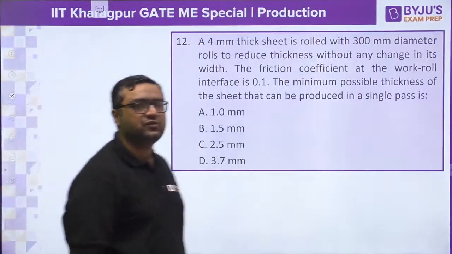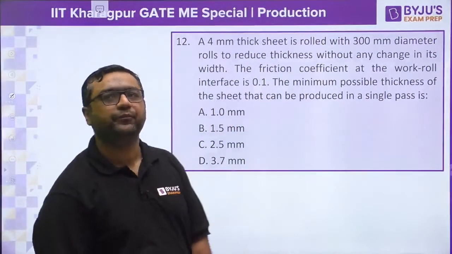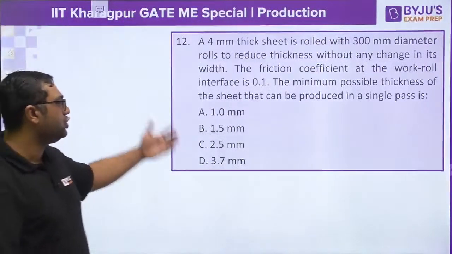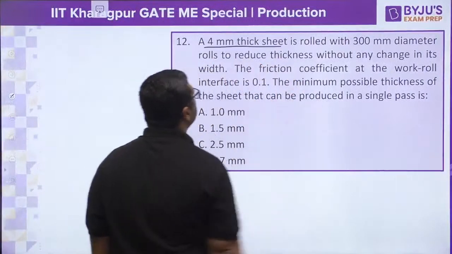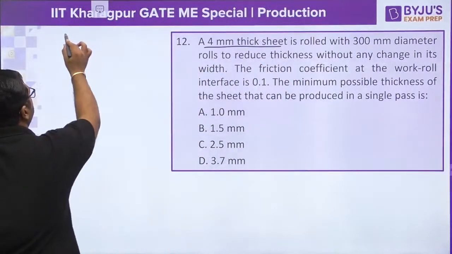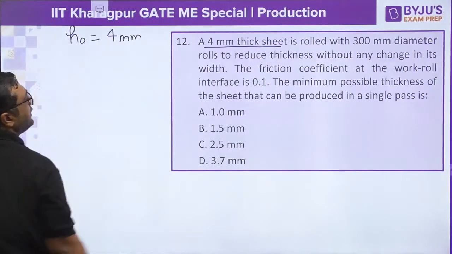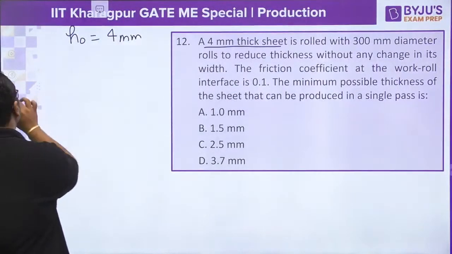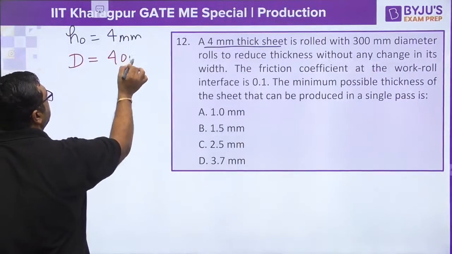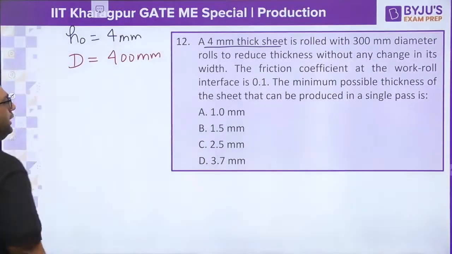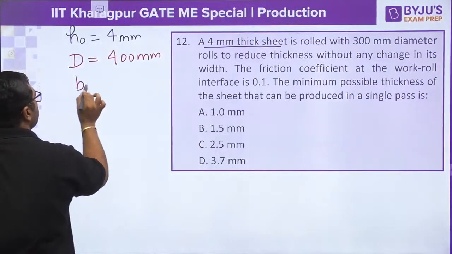Now the question is from metal forming. A 4 mm thick sheet, so initial thickness is 4 mm, is rolled with a 300 mm diameter roller, to reduce the thickness without any change in its width; width is going to be constant.